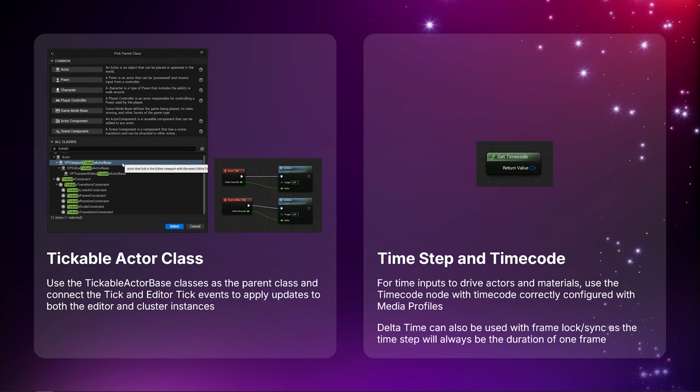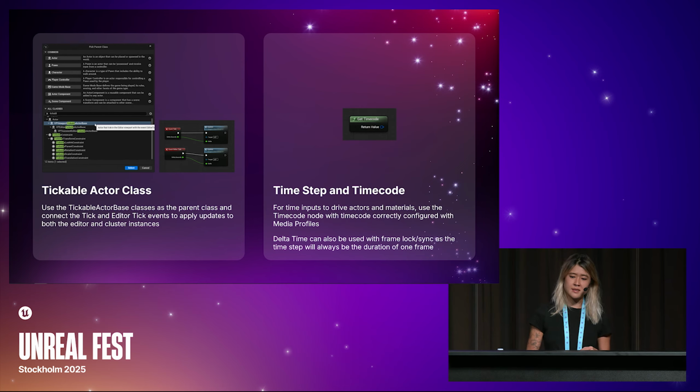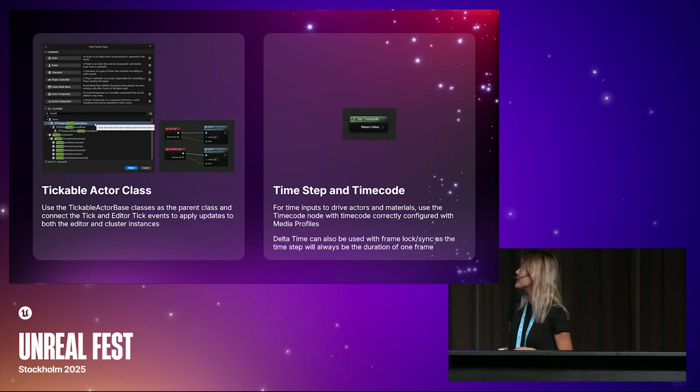Generally, you don't want too many actors that are ticking, so you could have one controller using this base class updating a bunch of instances of your actors in the scene. And it's pretty easy to use. It just exposes the event editor tick, and then you can connect that like you would with your regular tick event.